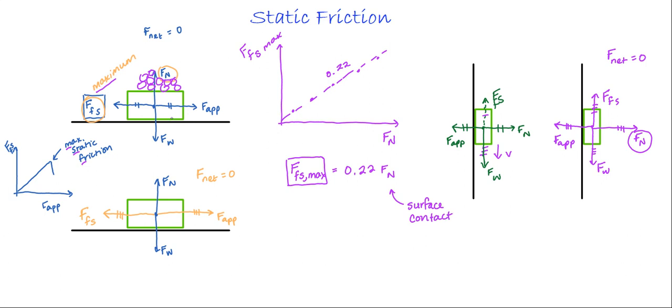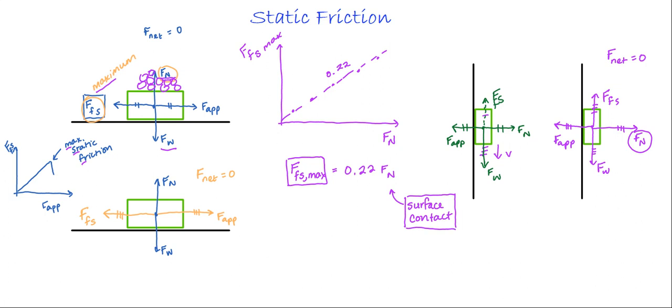Now, in flat surface examples, as I said before, the weight of the object is the same as the normal force, and that's why sometimes we misinterpret and think of the static friction as being determined by the weight rather than the normal force. But it's really to do with the surface contact, which is what the normal force is defined as.